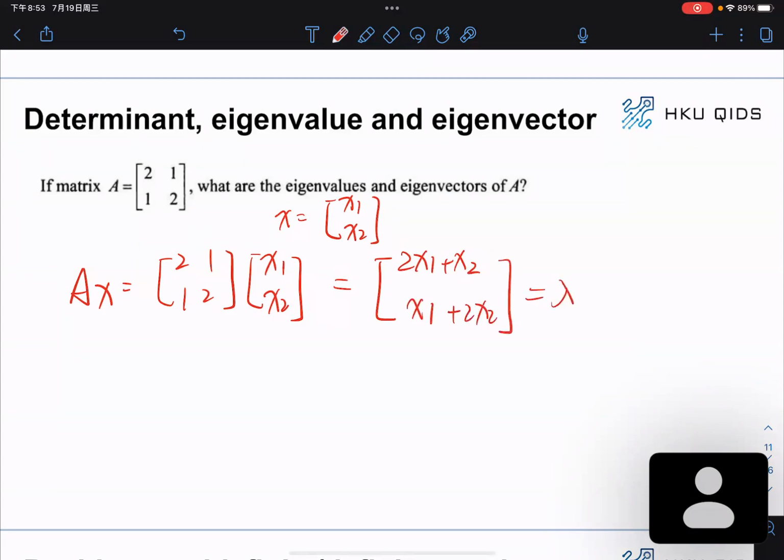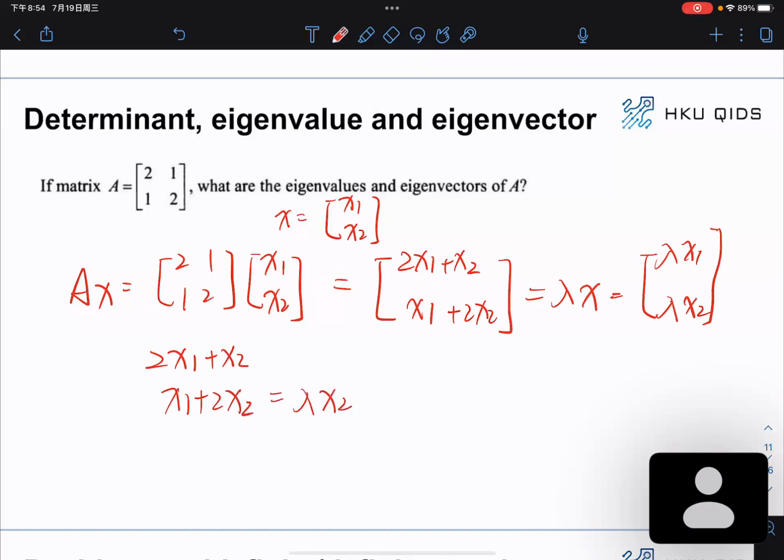It is going to be lambda x, equal to (lambda x1, lambda x2). And then we can have two equations: 2x1 + x2 = lambda x1, and x1 + 2x2 = lambda x2, right? So let's call it 1, let's call it 2.